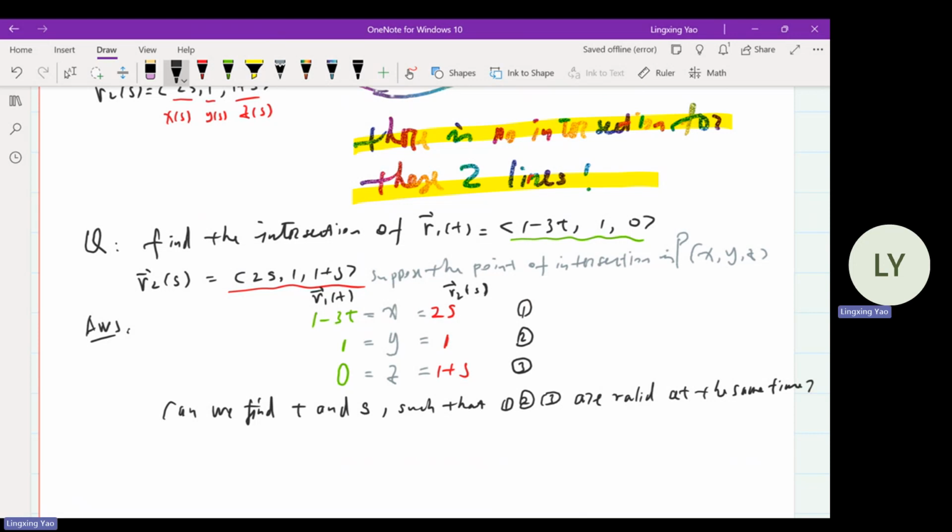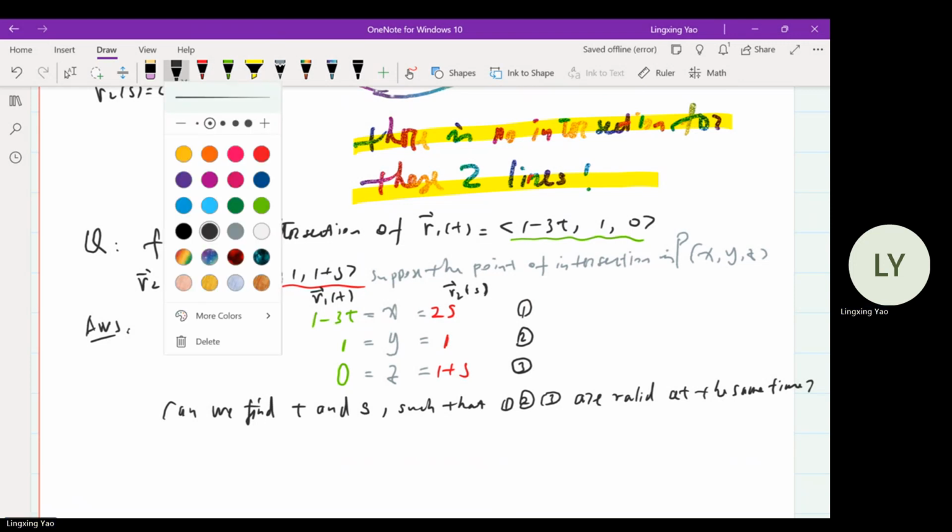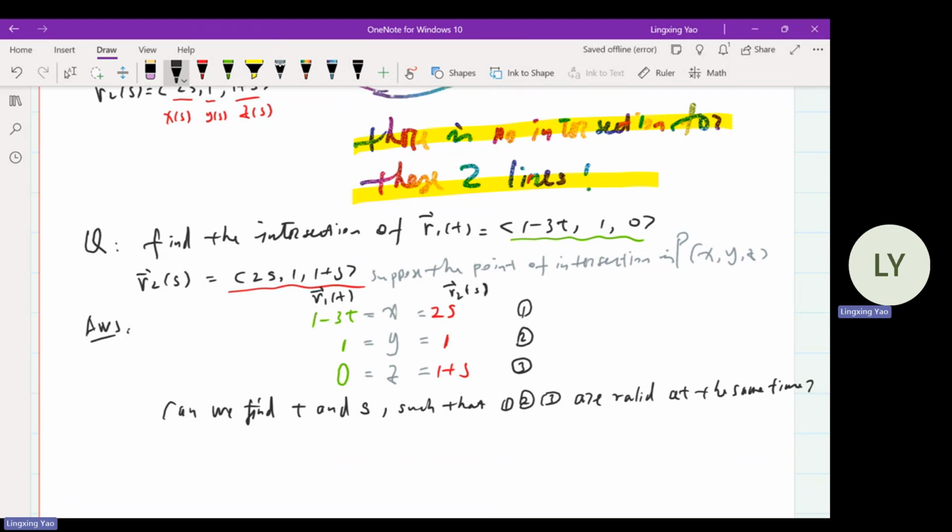The answer is, maybe we should just solve it, right? Because from the third equation, we know 1 plus s equals 0, so s equals -1. And then we put it back into the first equation. We know 1 minus 3t equals 2 times s. Now s is -1.